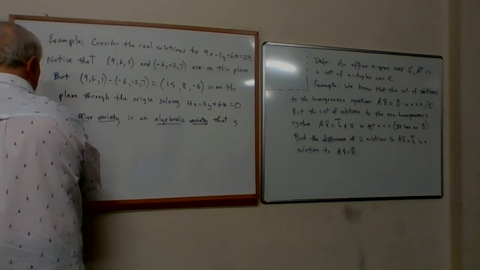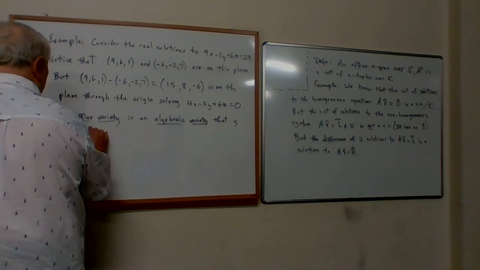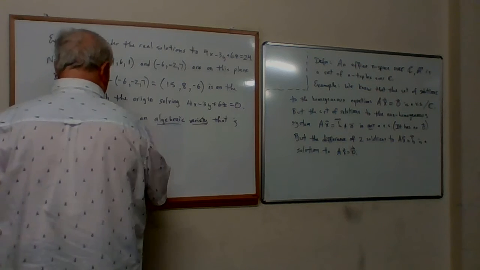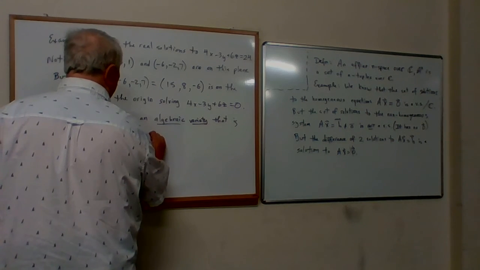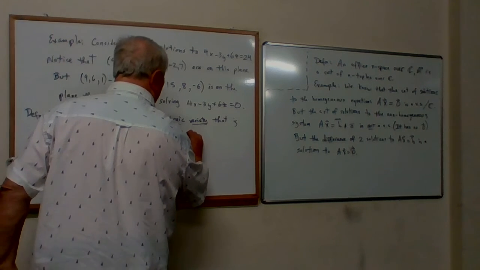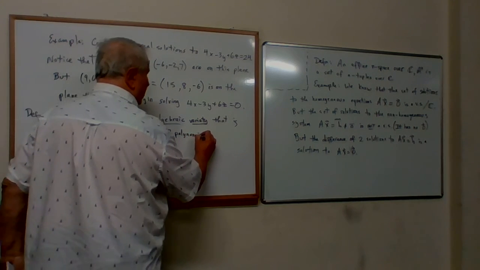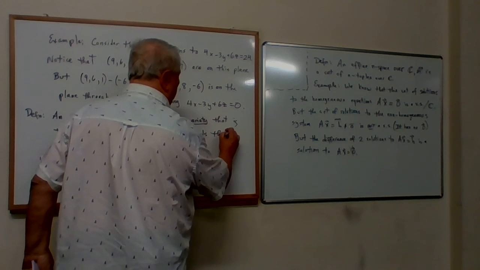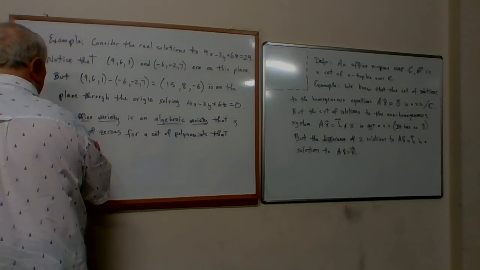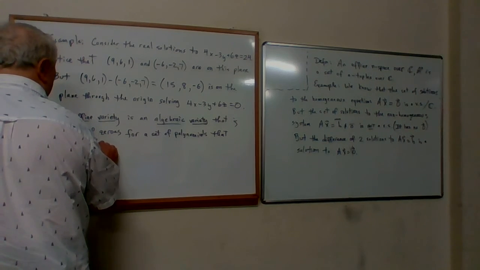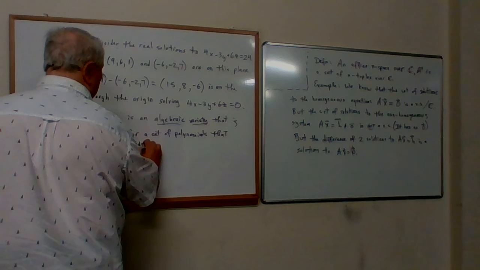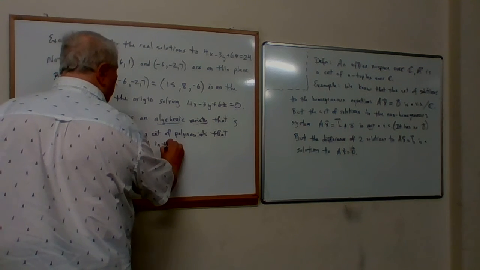That is the set of zeros for a set of polynomials that "generate", and I'm going to put the word generate in quotes because I need to define it, a prime ideal in the polynomial ring.